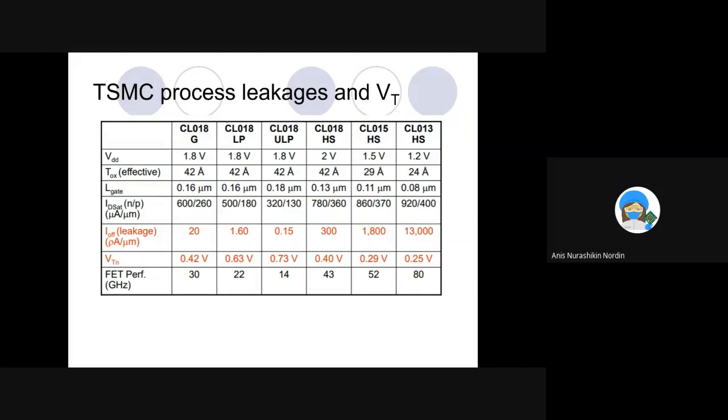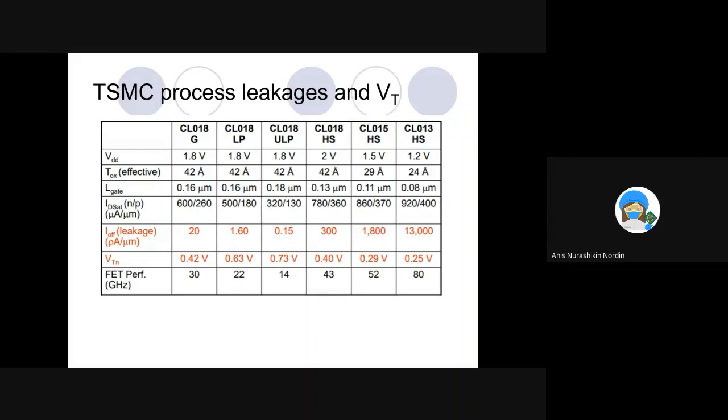So each process or each technology, they will have a different name. And usually this 1/8 will reflect something. So in this case, this one, this is the process name. It is, or maybe like something related with the voltage. So you can see, let's look at this one, CL018G. The VDD is 1.8. The T oxide, or the thickness of the oxide, is 42 angstrom.